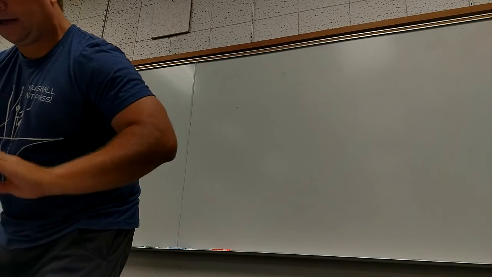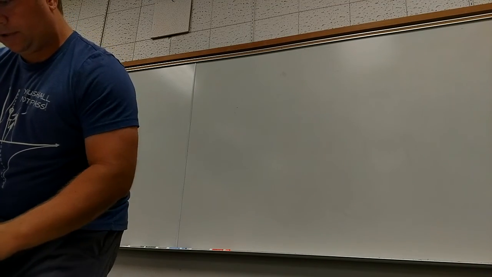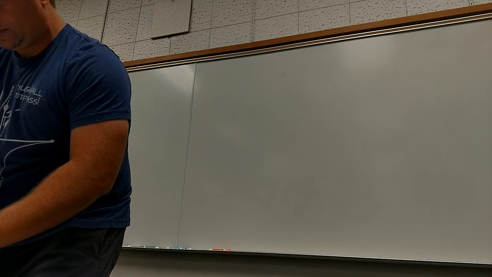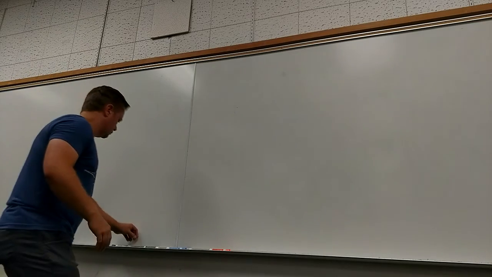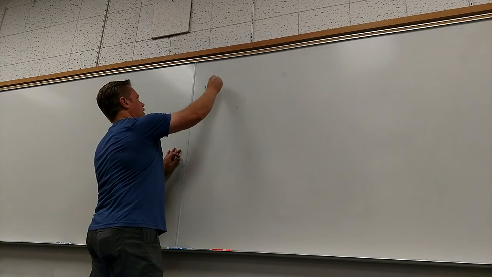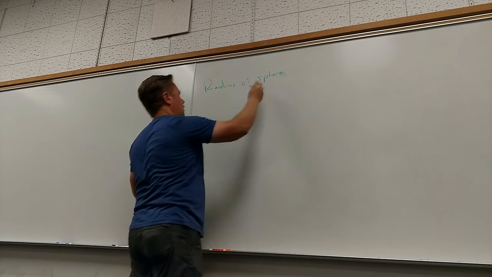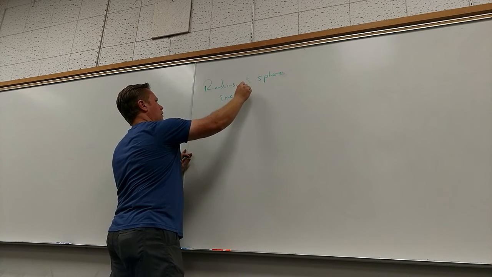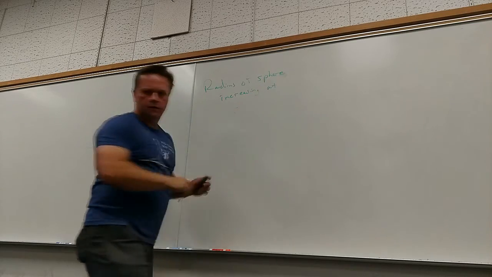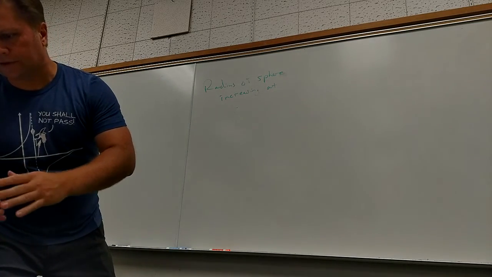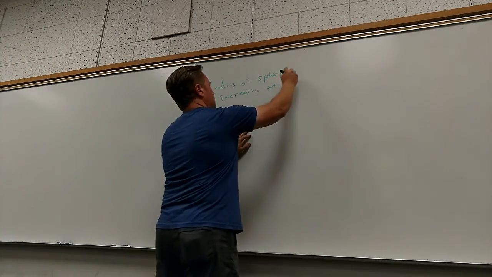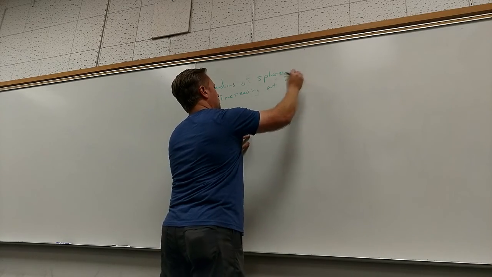Let's say, and this will kind of get you the idea of what we're going to do. Here we go. So you have a sphere. The radius of a sphere is increasing at a rate of 2 centimeters per minute.